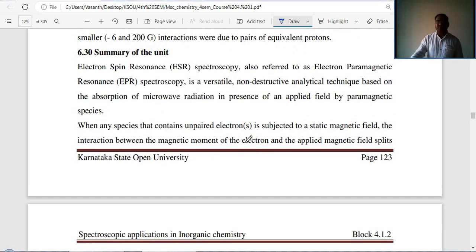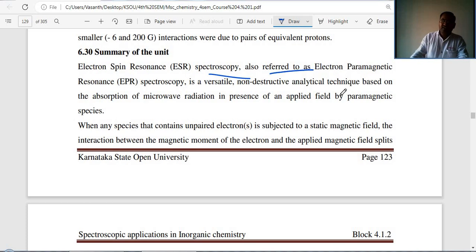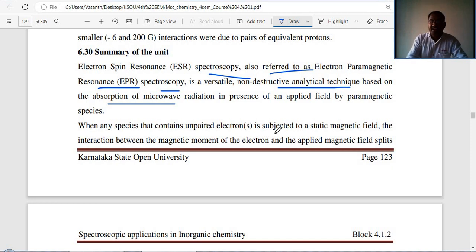Now I am going to summarize this unit. ESR spectroscopy, also referred to as electron paramagnetic resonance, simply EPR spectroscopy, is a versatile, non-destructive analytical technique based on the absorption of microwave radiation in the presence of an applied field by paramagnetic species.